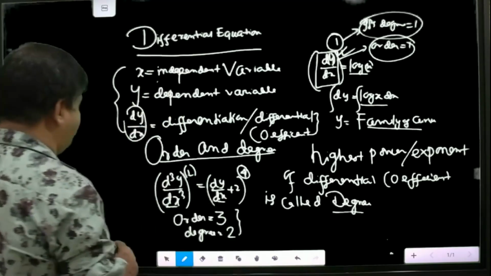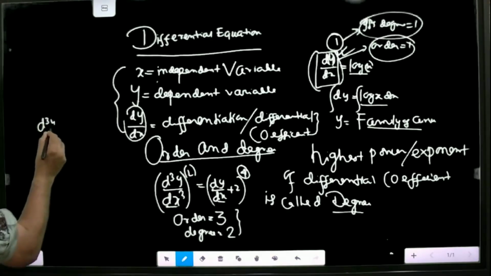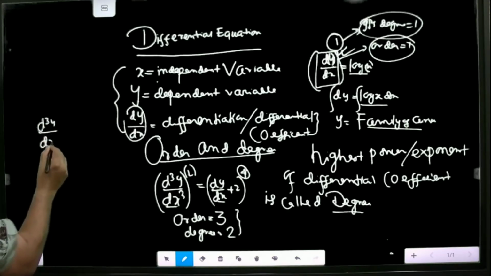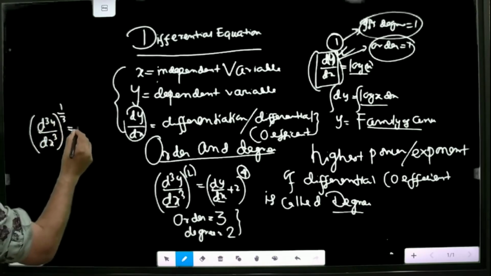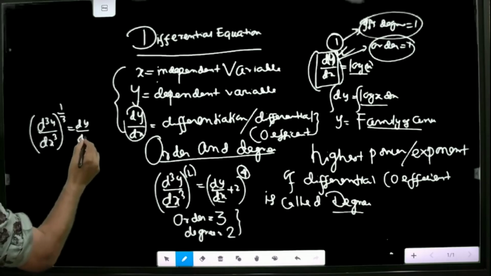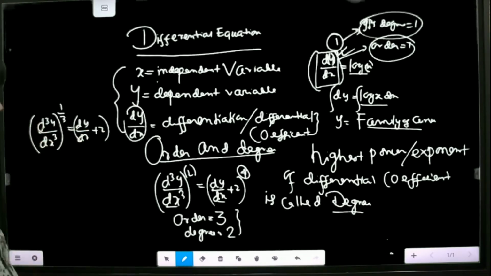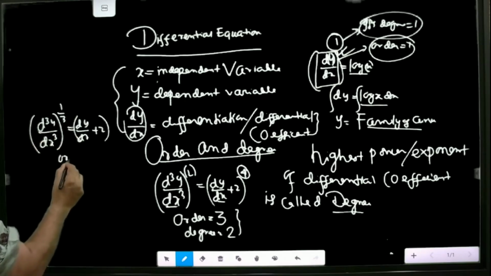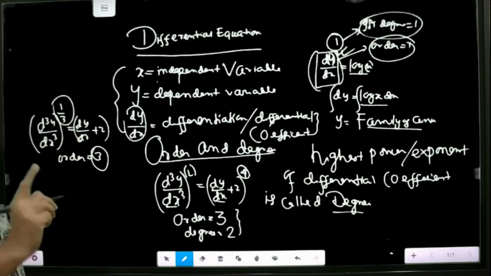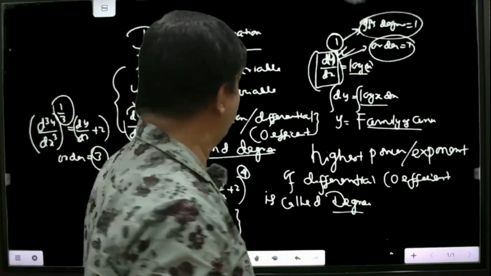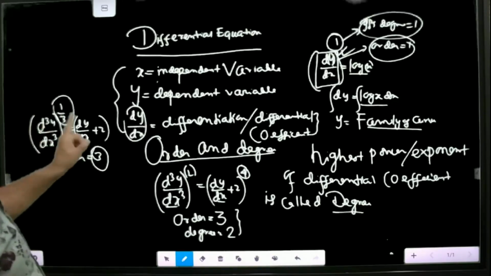Now, if it were this, what is the order? Order is 3. But the question is, what is the degree? 1/3? No. Because once you get the power as 1/3, that means you cannot express it as a polynomial.